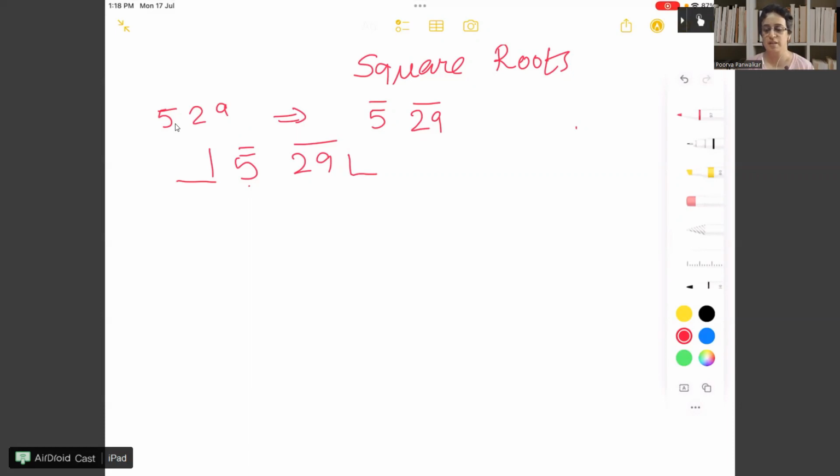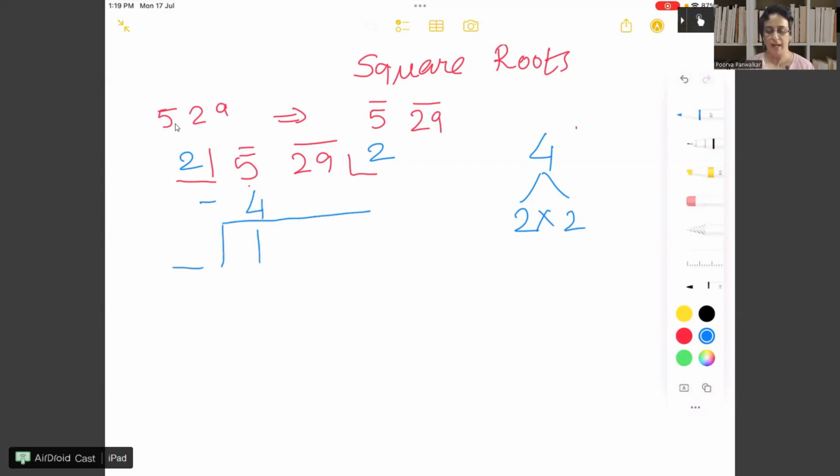The perfect square less than 5 is 4, and I get it by multiplying 2 by 2. So obviously my divisor comes out to be 2, and my quotient also comes out to be 2. I write down 4 here, I subtract, and I write down 1.